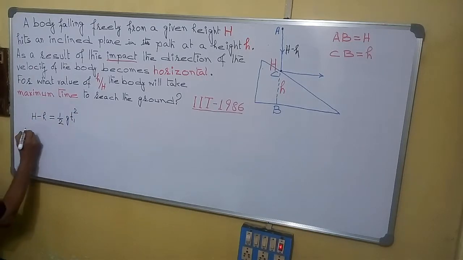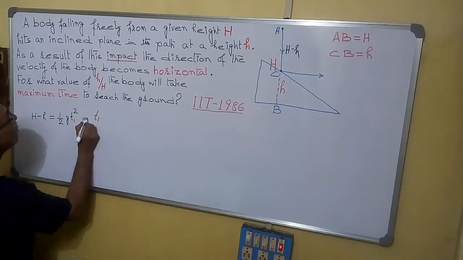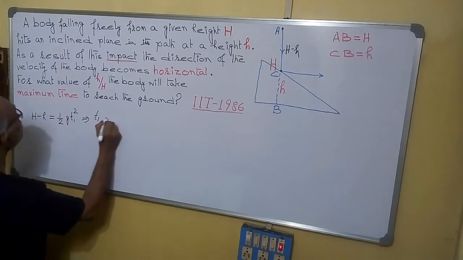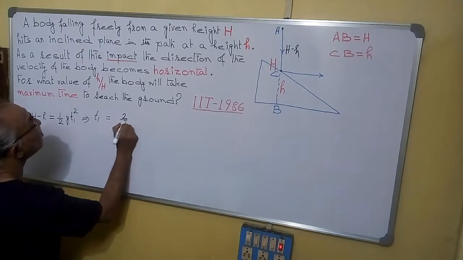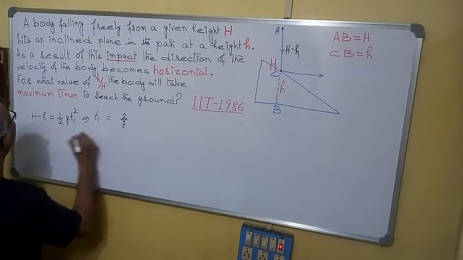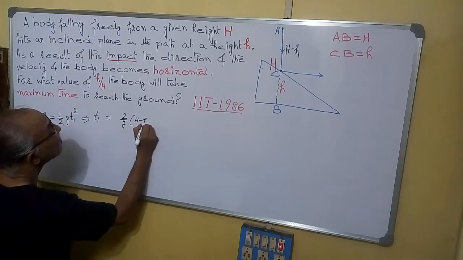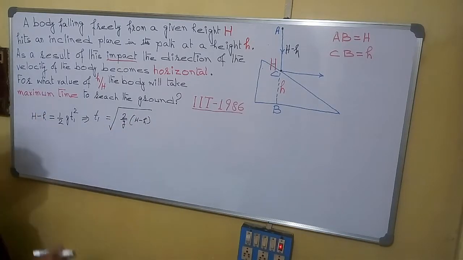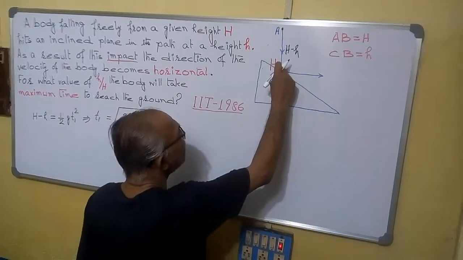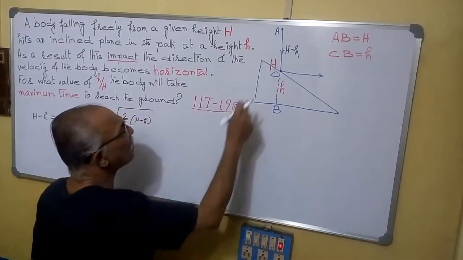From here we get t1 equals the root of 2 by g into (H minus h). Now, when the body reaches here, due to the impact, what happens?